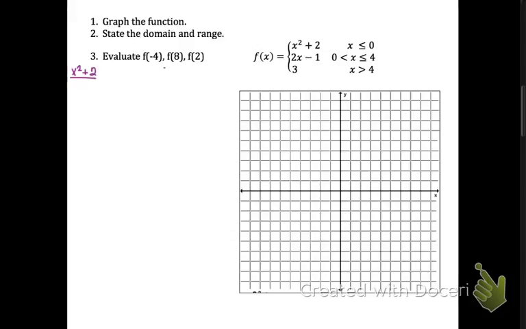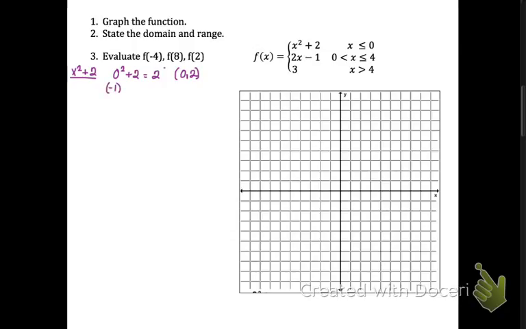So first I'm going to plug in 0. If I plug in 0, I get 0 squared plus 2, which is 0 plus 2, 2. So that means that my first ordered pair is 0, 2. Let's pick another one that is less than or equal to 0. So let's try negative 1.